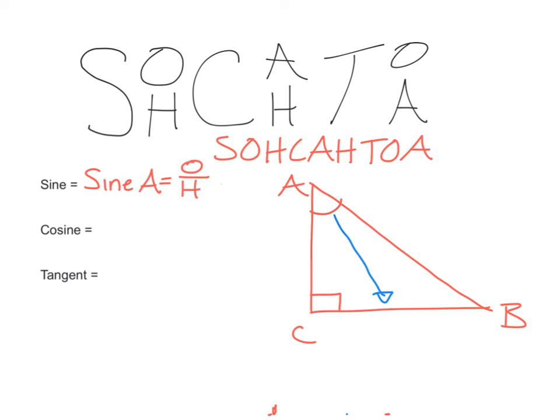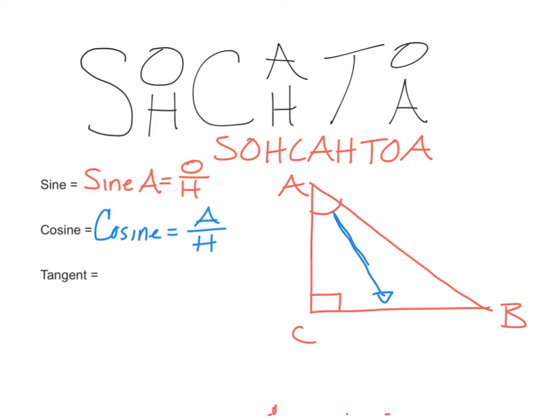All right, so cosine equals adjacent over hypotenuse. And then you have tangent. If we talk about this angle again, tangent is a fancy word for the ratio of opposite over adjacent. We've already talked about opposite.